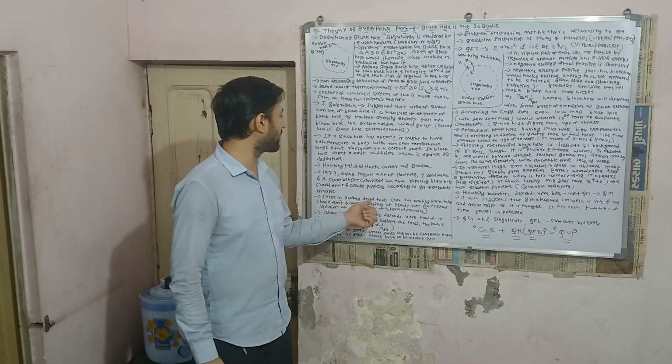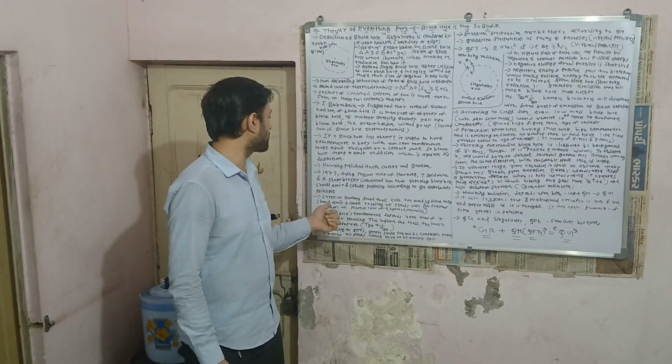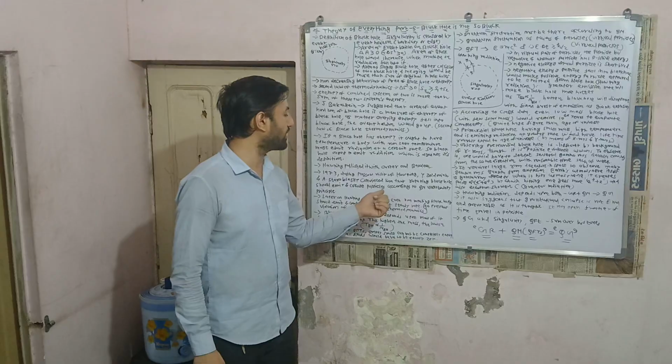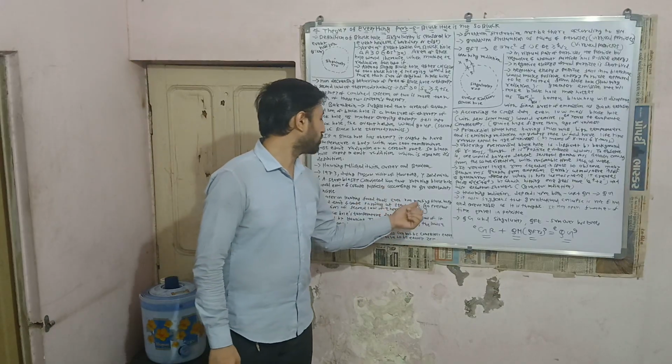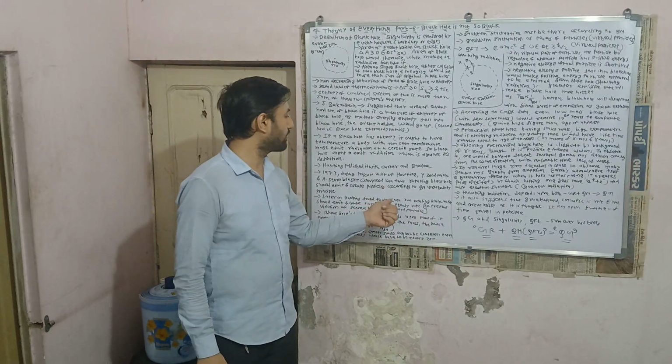Later on, Hawking found that even non-rotating black holes should emit and create particles at a steady rate to prevent violation of the second law of thermodynamics.